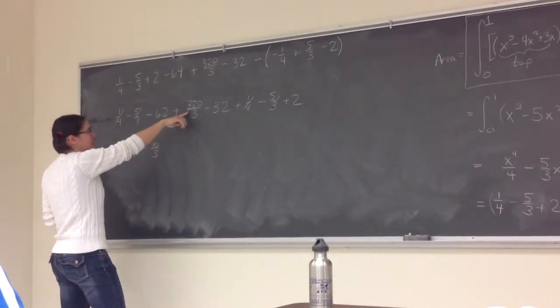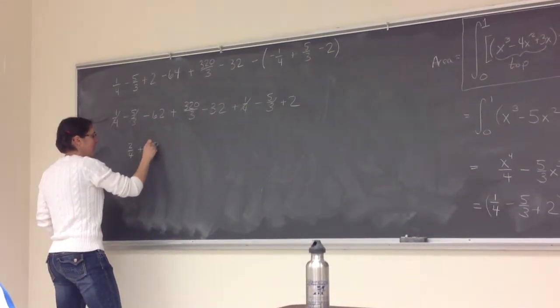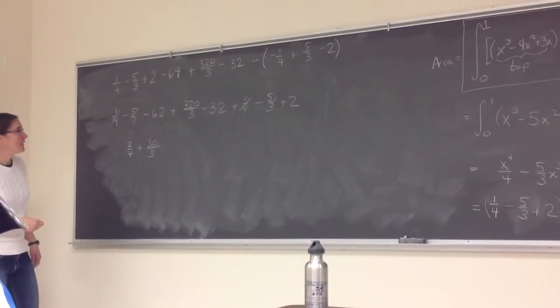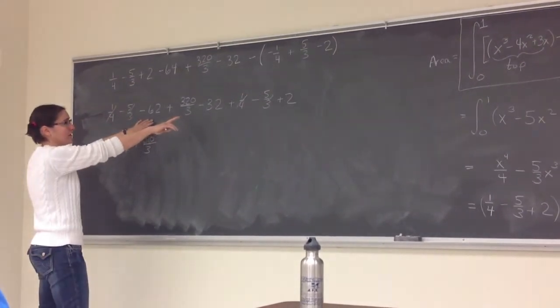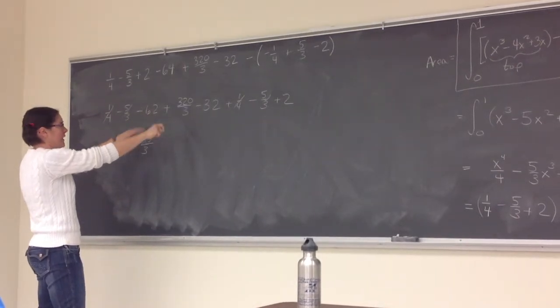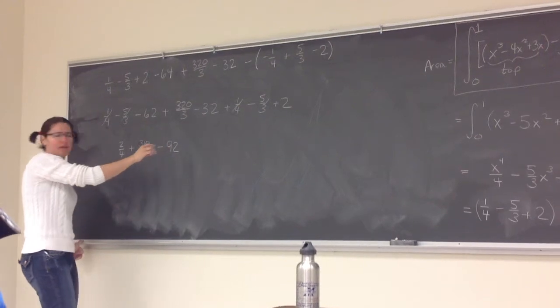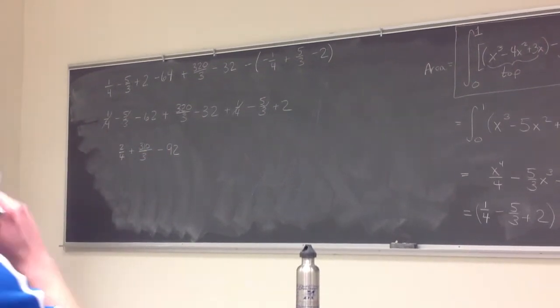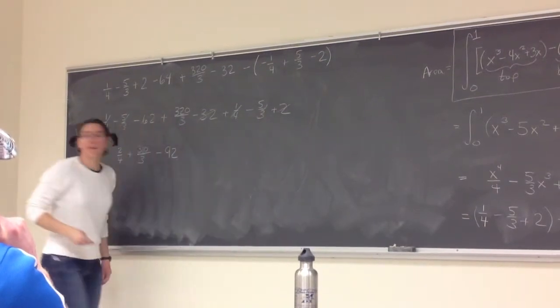Oh, and plus 320, so that is plus 310/3. And then, somebody help me with these whole numbers here. Minus 90. Minus 92. Do I have a second on that number? Second. Great. So negative 94 and then plus 2 at the end.